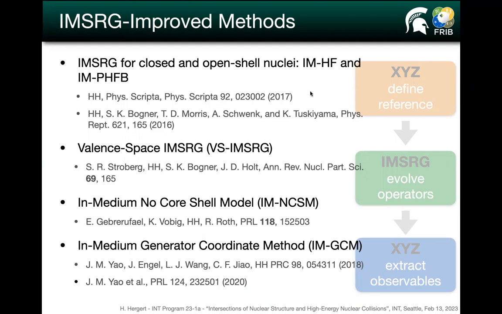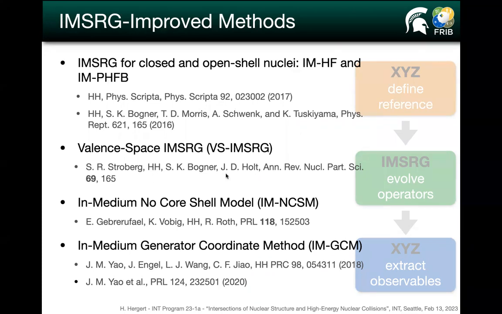And in fact, the standard IMSRG from that perspective, you could view as an in-medium Hartree-Fock approach. And then there's an in-medium projected HFB, which is what was responsible for the no-core in-medium SRG results for oxygens that I showed on this previous comparison slide with other methods.